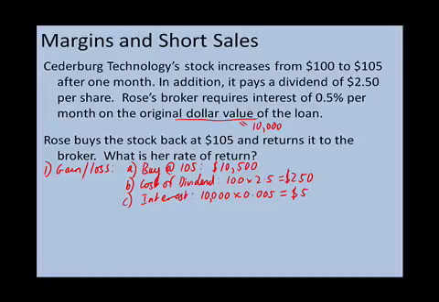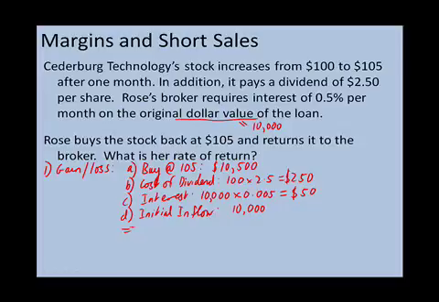So we have an interest charge of $50. We also got an initial cash inflow from the short sale, and that cash inflow was $10,000. As soon as Rose short sold the stocks at $100 each, she received $10,000.